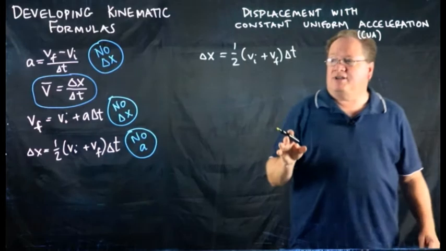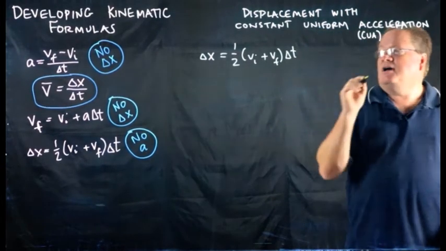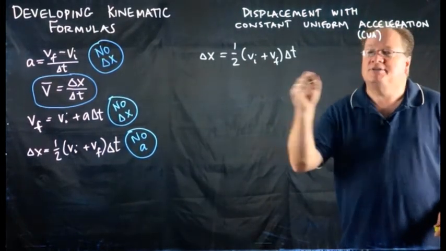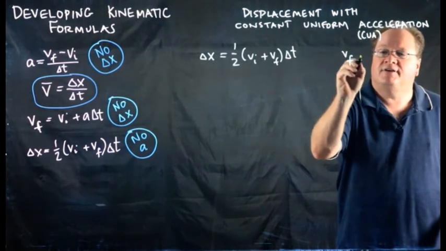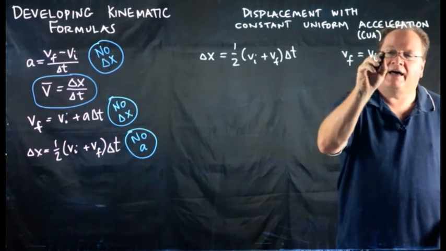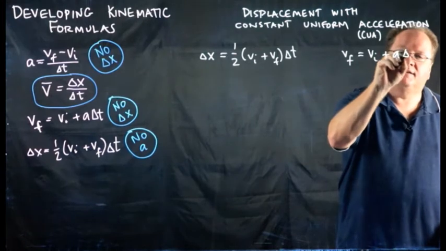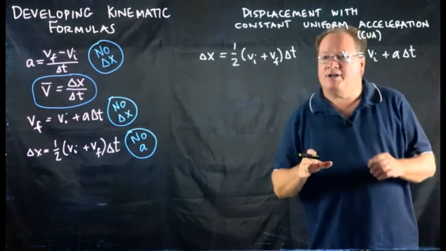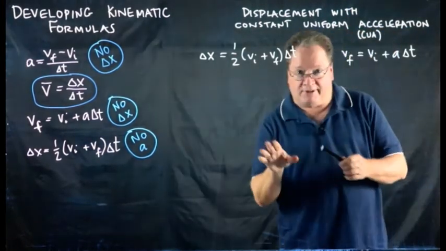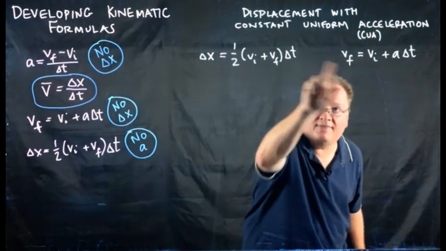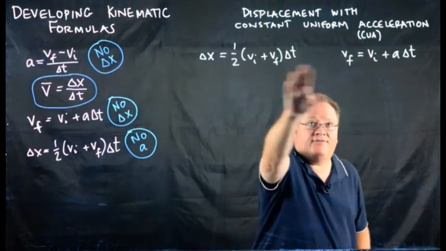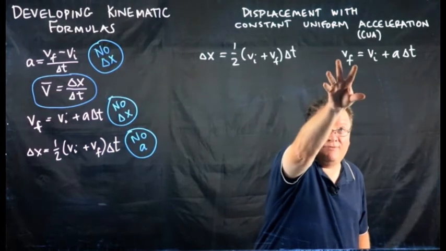I'm also going to use the formula, vf equals vi plus a delta t. Now, I want you to notice that both of these formulas have vf in them. They both have vf. And this one solved for vf.